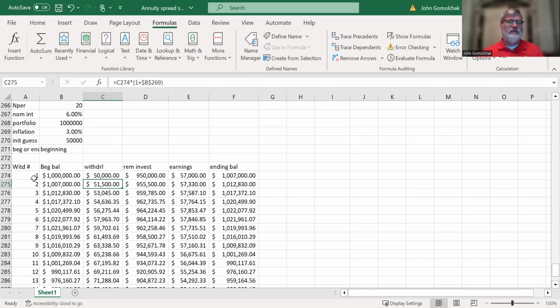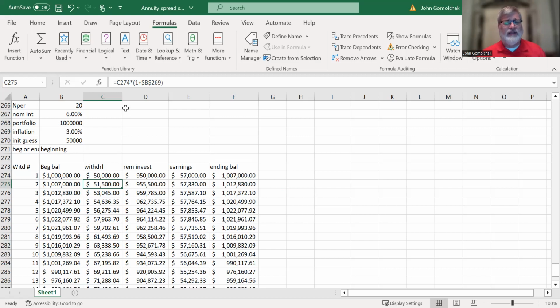Now, of course, that number has to come over here. Now, the withdrawal for period 2 has to be 3% higher than the previous year because we want to make sure that we take into account inflation. Okay, so I have this set.